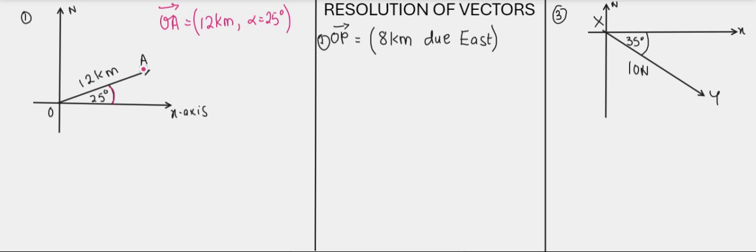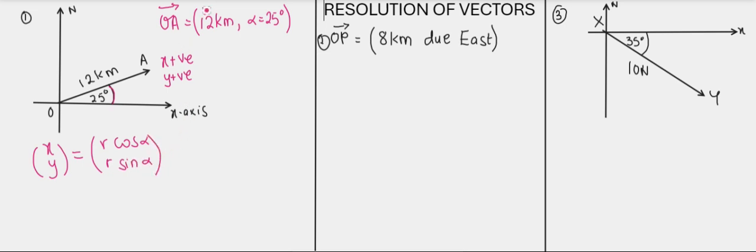Now, the vector OA lies in the first quadrant, where both x and y coordinates are positive. And so our vector will be given by xy is equal to r cos alpha, r sine alpha.